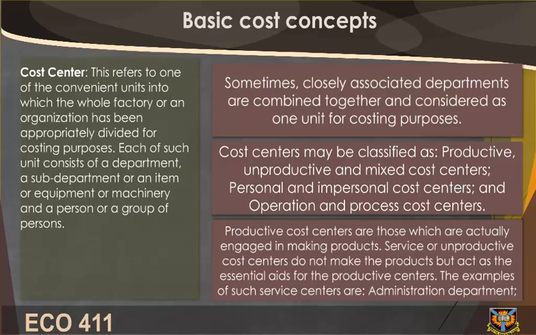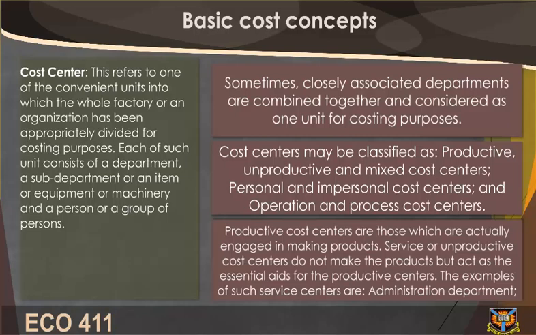Sometimes closely associated departments are combined together and considered as one unit for costing purposes. Cost centers may be classified as productive, unproductive, and mixed cost centers, personal and impersonal cost centers, and operation and process cost centers.